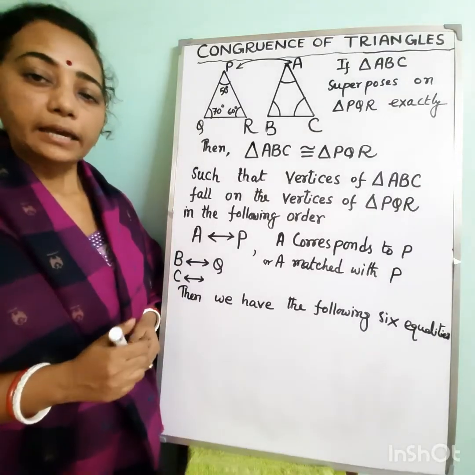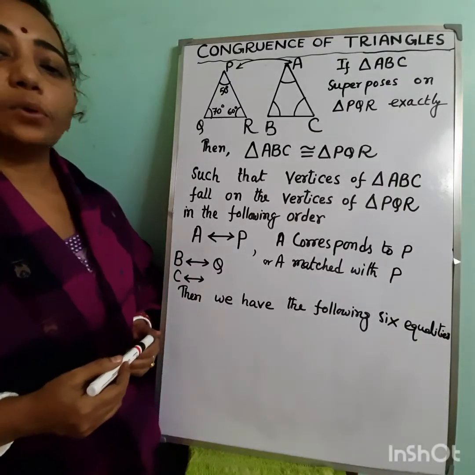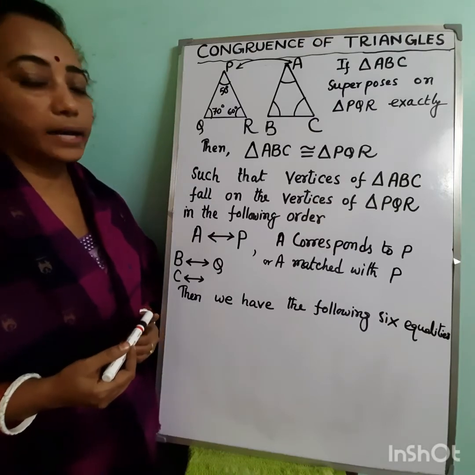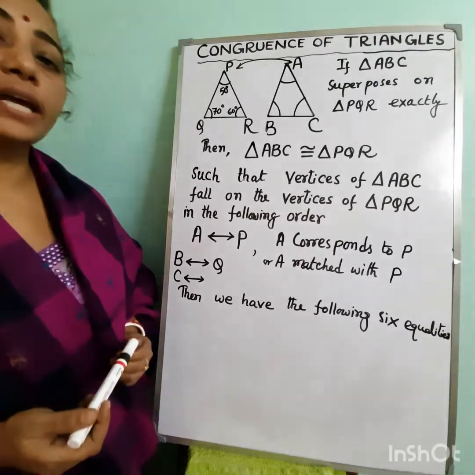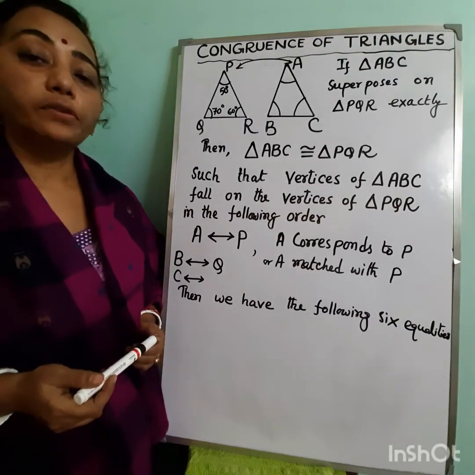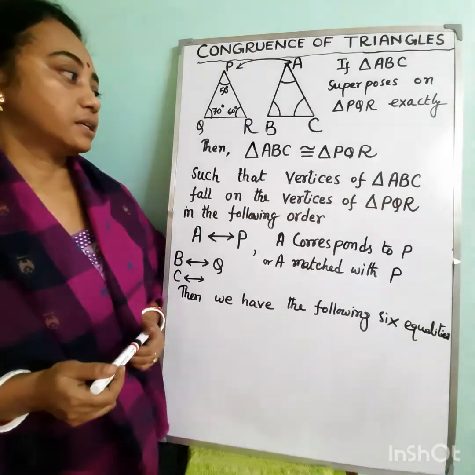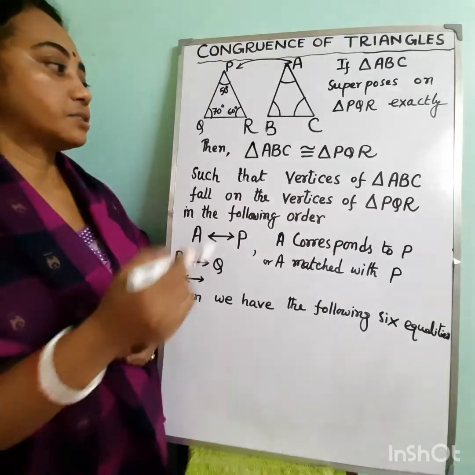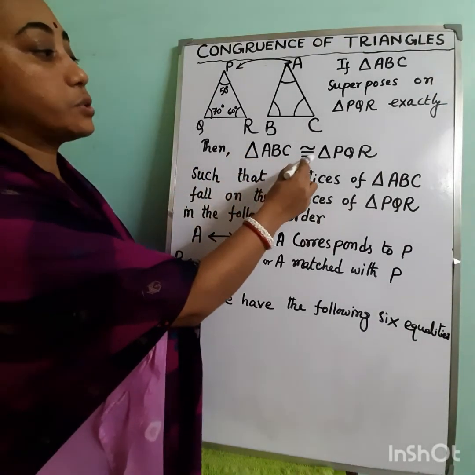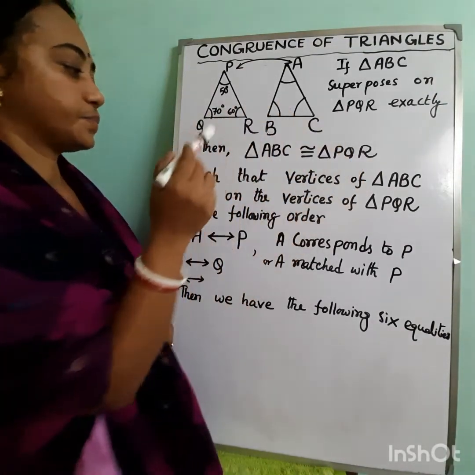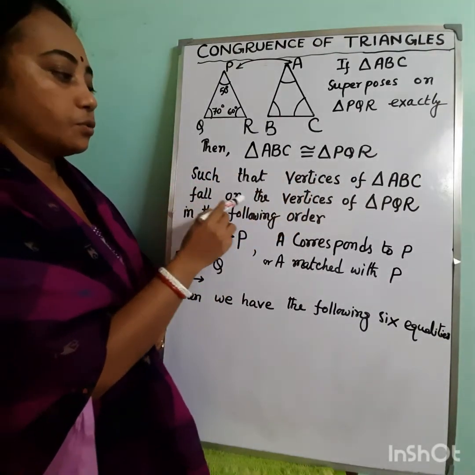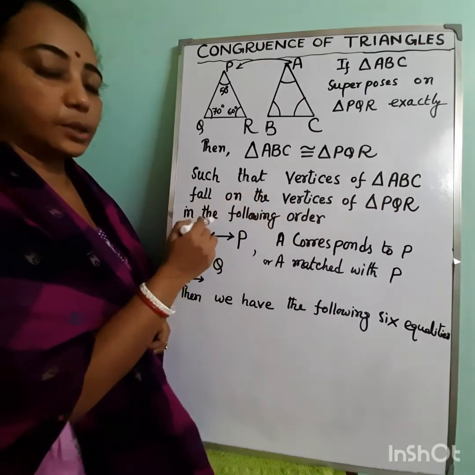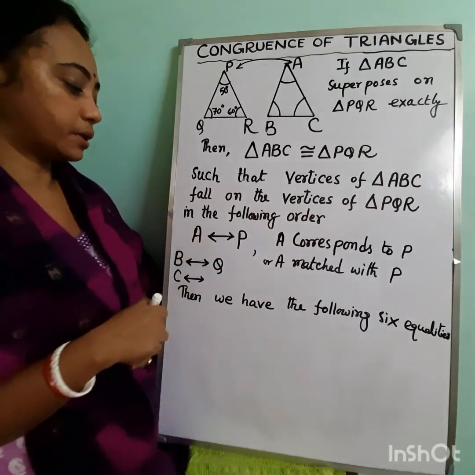Thus, if triangle ABC superposes on triangle PQR exactly, that means they cover each other exactly, then we can say that triangle ABC is congruent to triangle PQR, such that the vertices of triangle ABC fall on the vertices of triangle PQR in the following order.